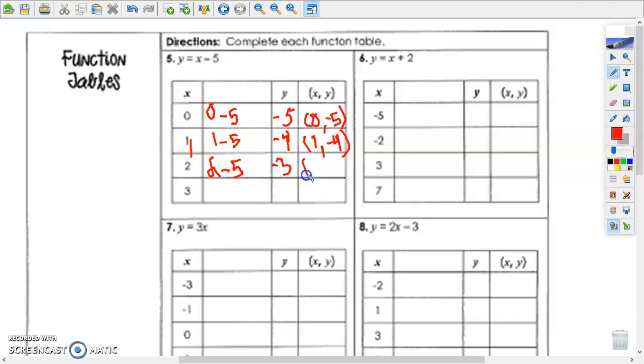And that makes my new ordered pair over here. 2 is the X, and -3 is the Y. Last one, 3 minus 5, which is -2. So now this ordered pair is 3 for the X and -2 for my Y.